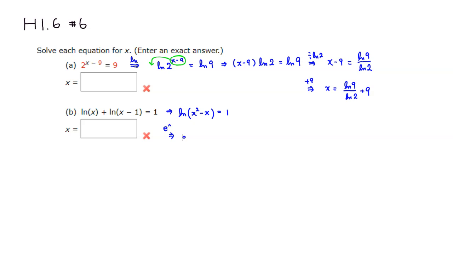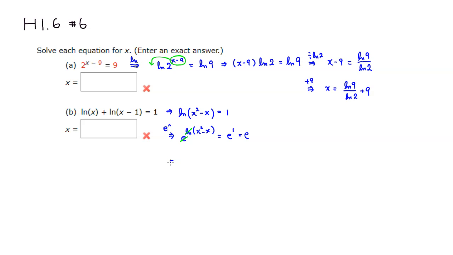On the left-hand side is e to the natural log of x squared minus x, and that is equal to e to the right-hand side, which is e to the 1, which is just the same thing as e. The good thing about that is you can eliminate the natural log: e and natural log are inverses of each other, so they cancel each other out.